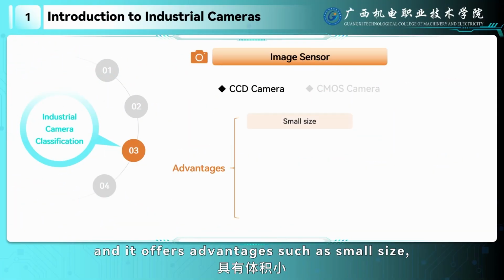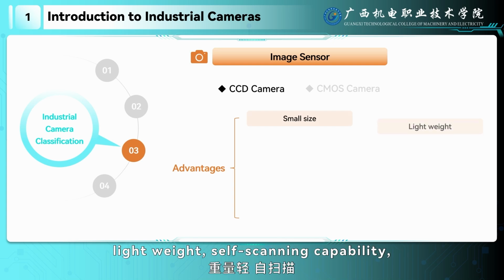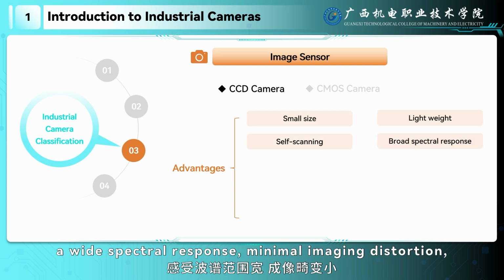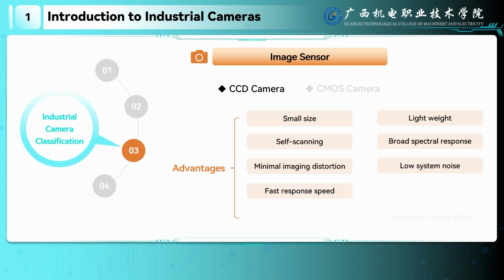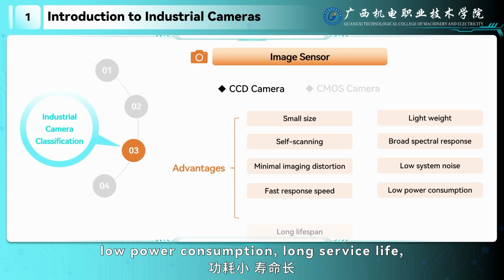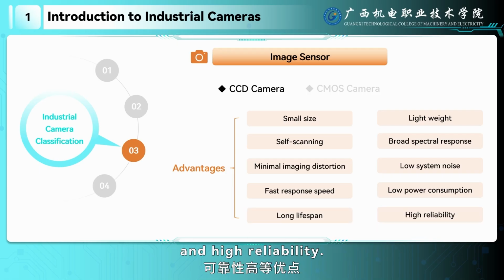And it offers advantages such as small size, light weight, self-scanning capability, a wide spectral response, minimal imaging distortion, low system noise, fast response speed, low power consumption, long service life, and high reliability.